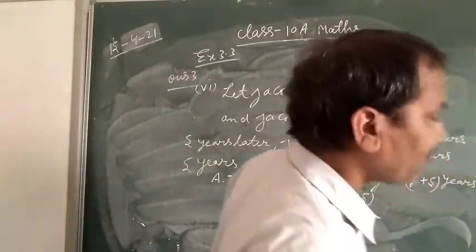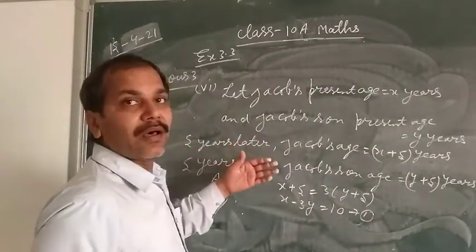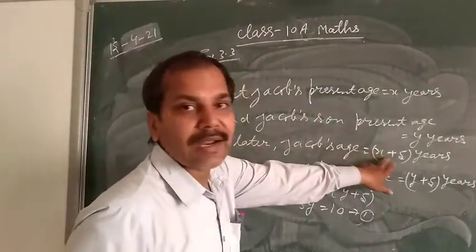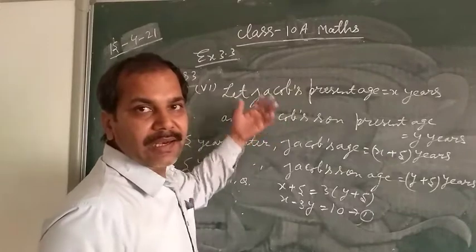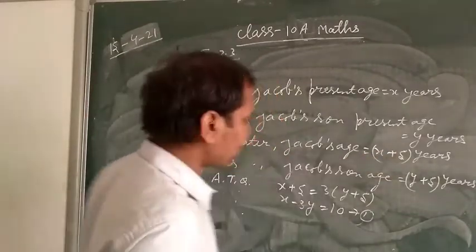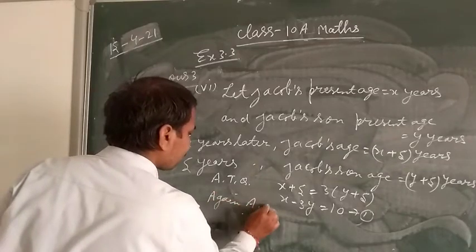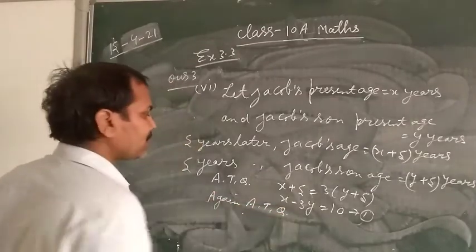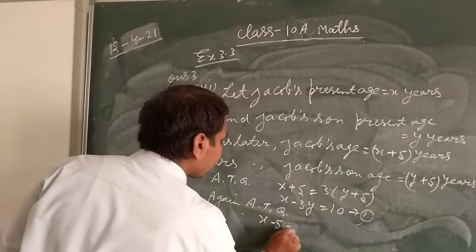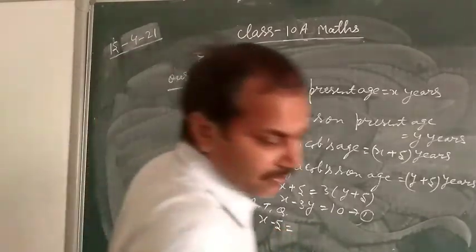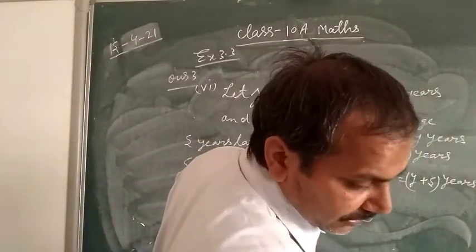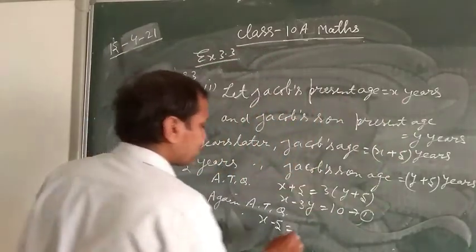5 years ago is 5 years before. So in before, 5 will subtract, and after or later, 5 will add. Clear? So again regarding the question, 5 years before, so x minus 5, Jacob's age will be x minus 5. Jacob's age was 7 times that of his son.